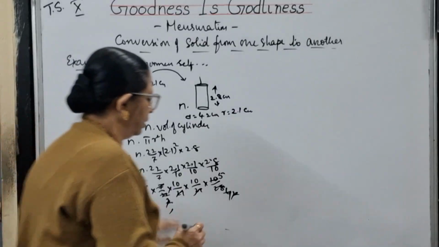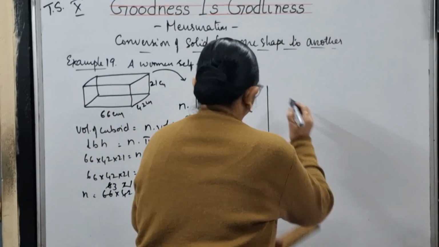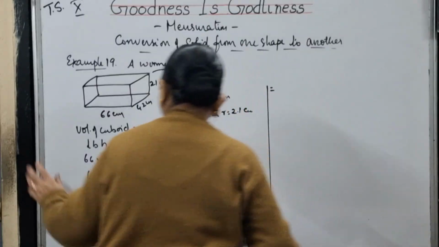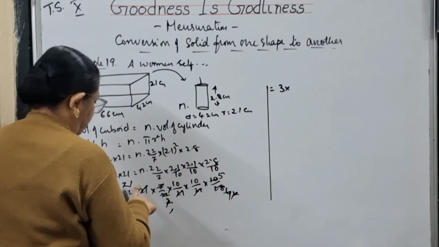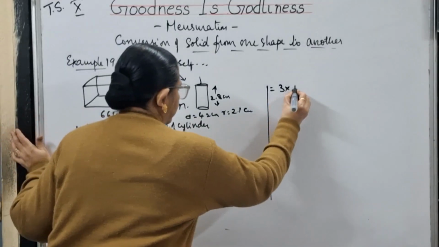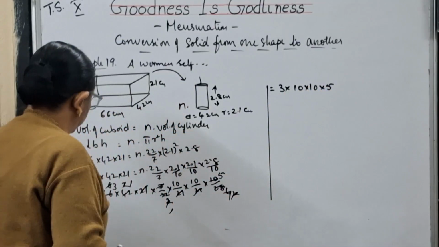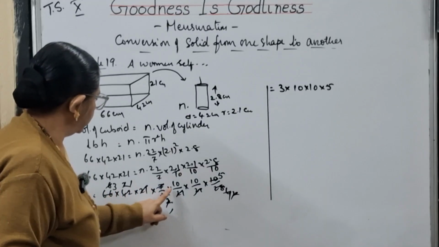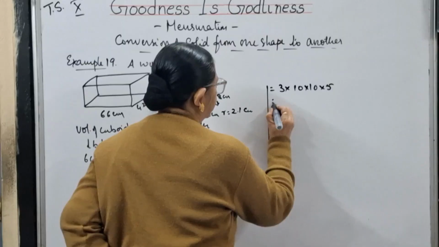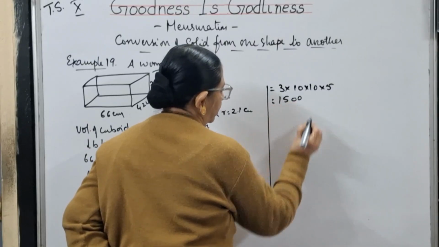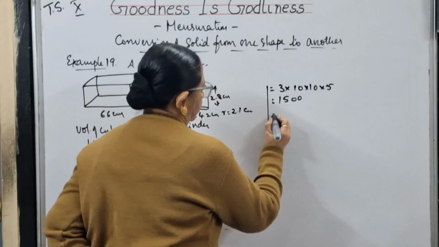So how much am I getting? Here I am getting 3, and here 10 into 10 into 5. So I have taken all the 3, and here 10 into 10 into 5. So how much am I getting, children? 1500. So number of candles, how many?